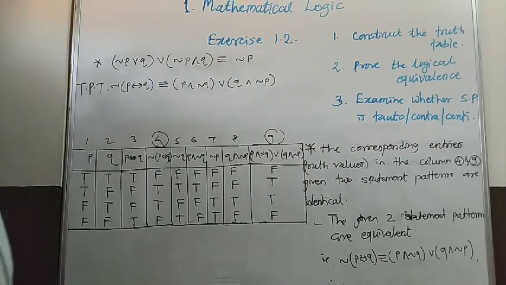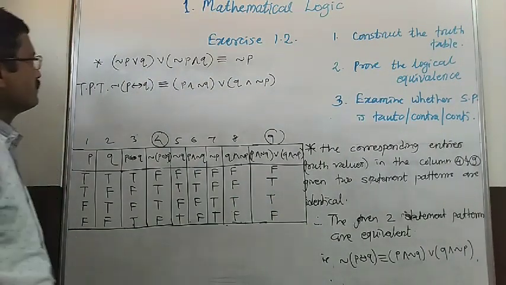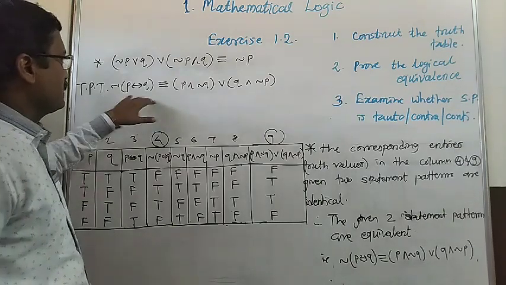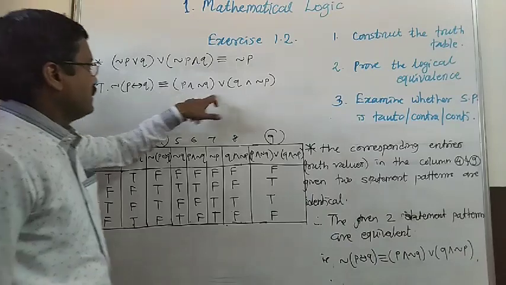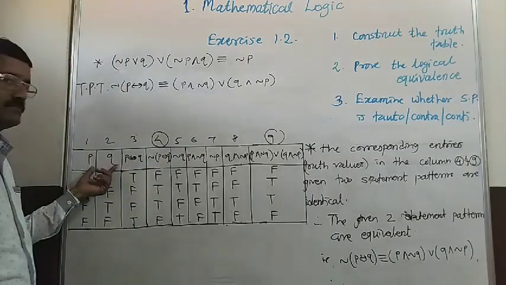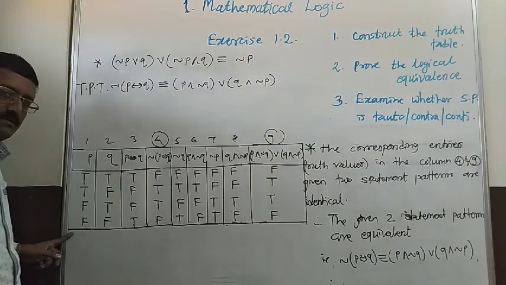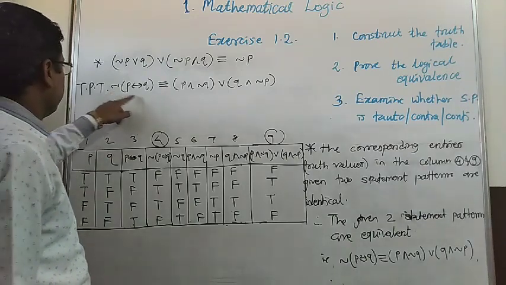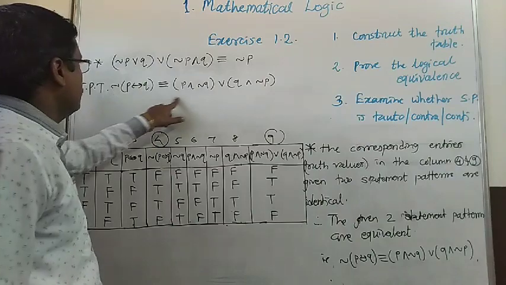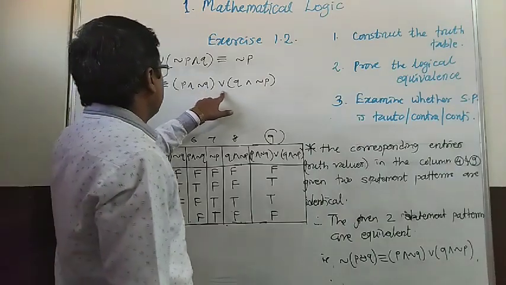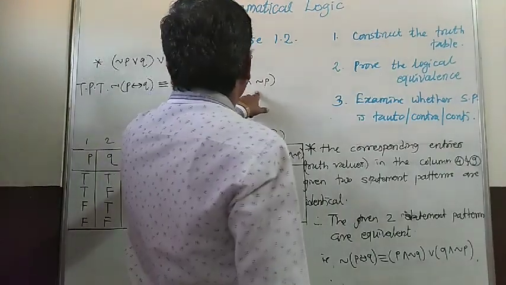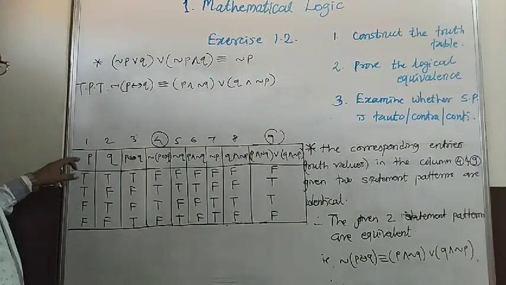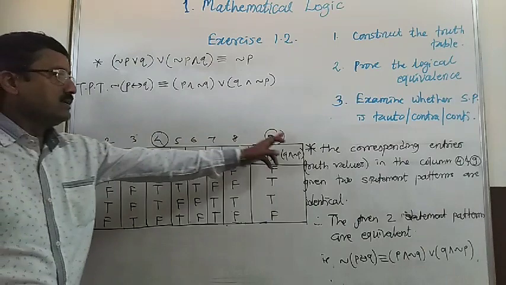This is the proof of logical equivalence. So to remember, if logical equivalence is asked, first find the number of simple statements, and from that the number of required rows. Then count the logical connectives, as there are 7 logical connectives. So we need 7 columns plus 2 simple statements, so a total of 9 columns.